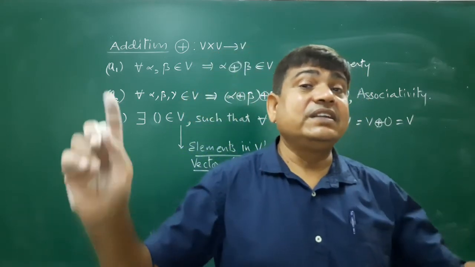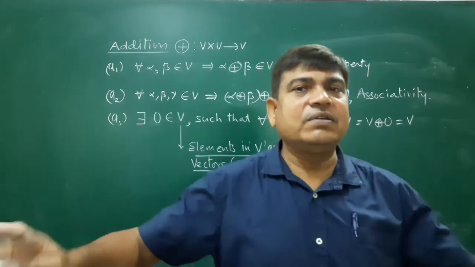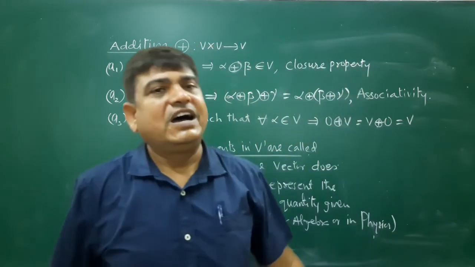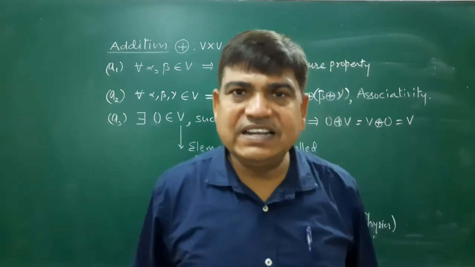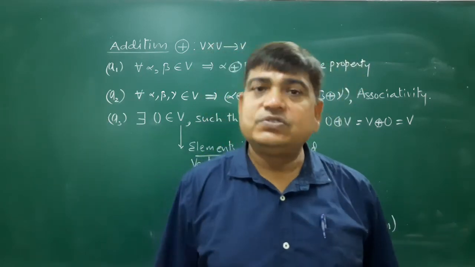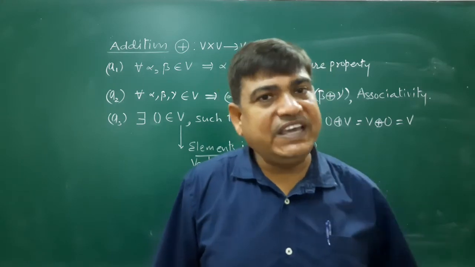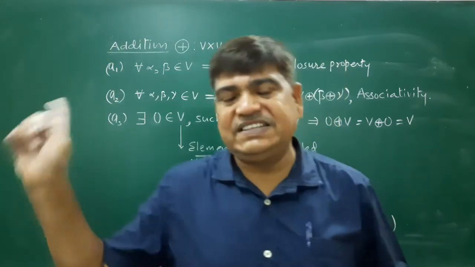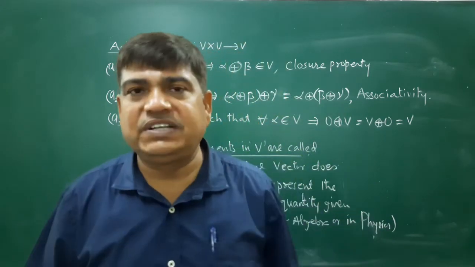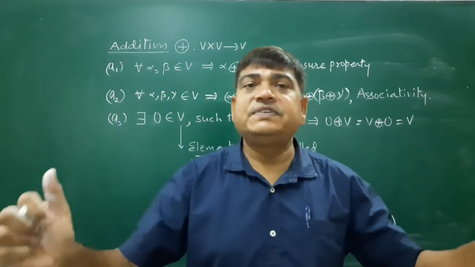I am interested in that set whose elements are known as vectors. I am interested in that set whose elements are called scalars or numbers. So I have two sets. One is V, other is F, but F is defined exactly. There is no doubt in the definition of F. That is, F is the field.